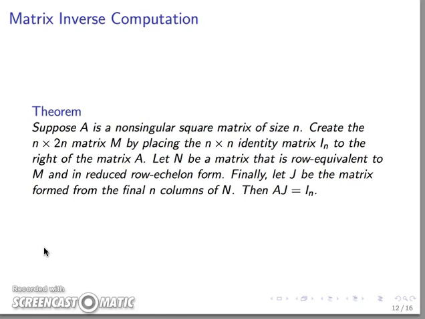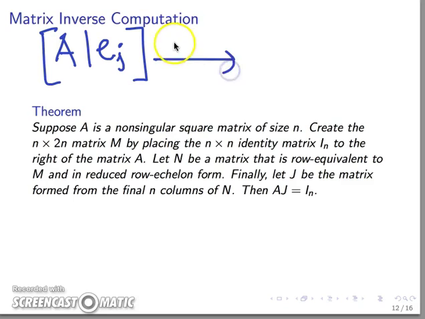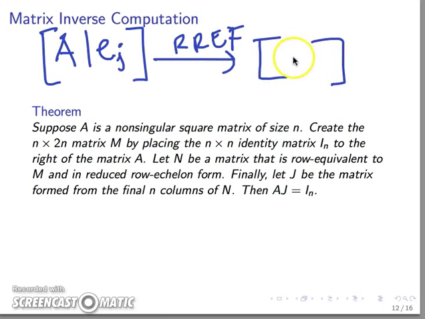What we were doing before was augmenting the matrix. We had A, and A was augmented with each standard unit vector, each column of the identity, and then we were row reducing, so RREF, and this was leading to the columns of the matrix we're going after.